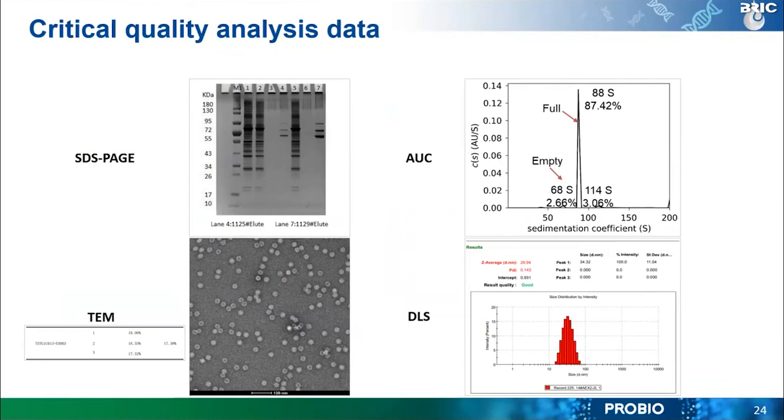We use TEM and AUC to detect AAV empty capsid ratio. As you know, AUC is an efficient and reproducible method that has been standard in quantifying AAV empty to full capsid ratio.